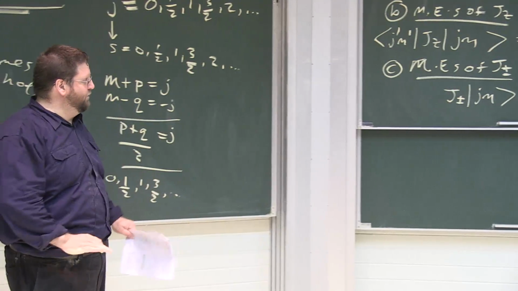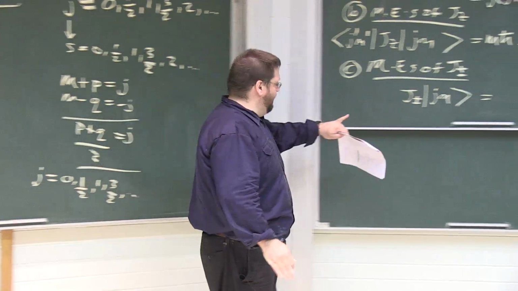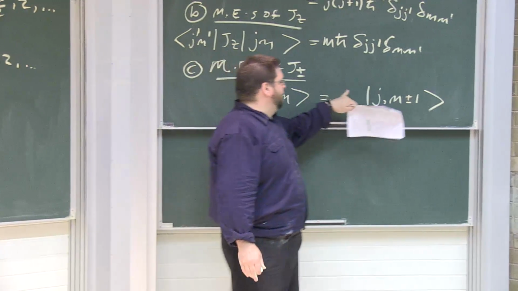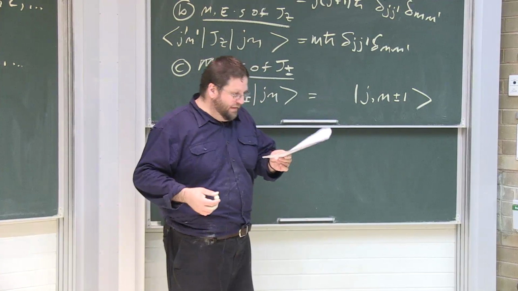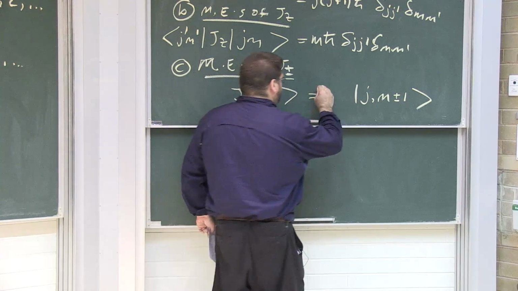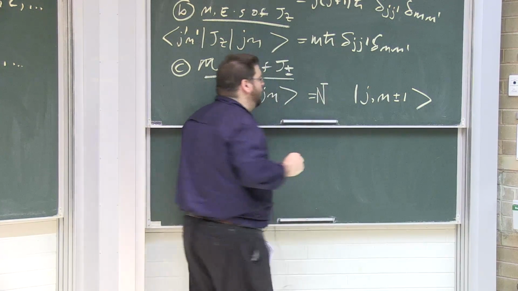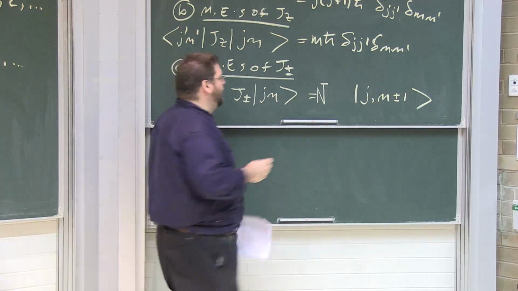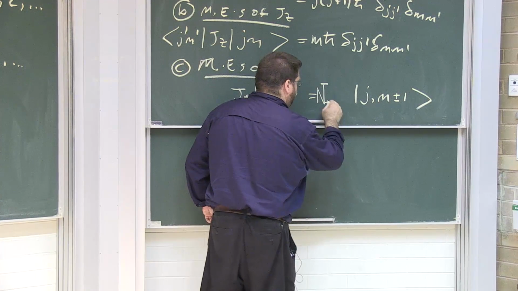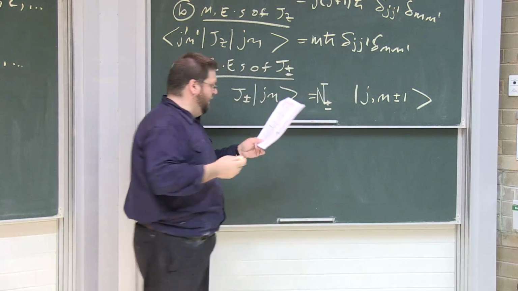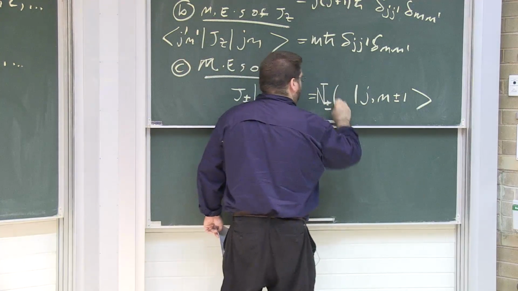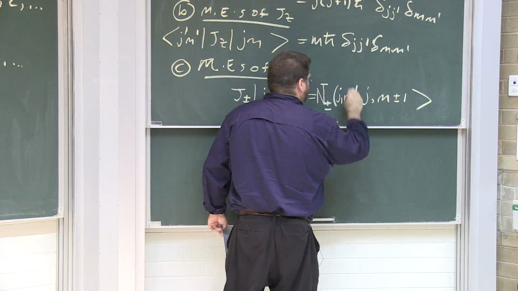Just because m is raised or lowered by 1 by J plus minus doesn't mean that the resulting right-hand side is normalised. So there's going to be some number out the front, some normalisation factor, and there'll be a different normalisation factor for the plus and minus in general, and that normalisation factor may depend on both j and m.